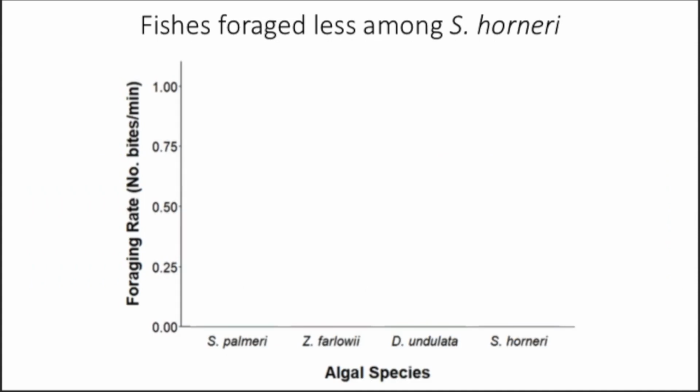So my results of the fish foraging are as follows. I have my algal species listed on the x-axis, and I have the foraging rate by number of bites per minute on the y-axis. On the x-axis, I start off with the 3 native abundant brown algae, and then I have the invasive on the far right.